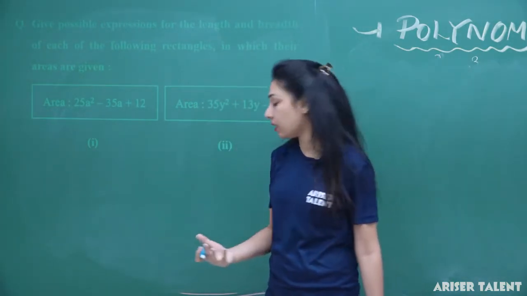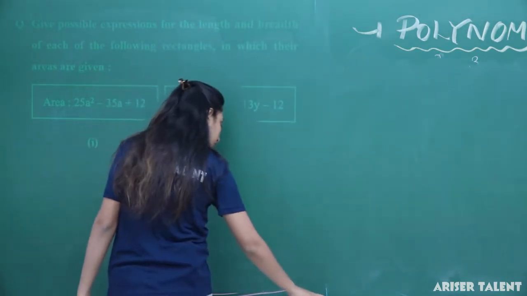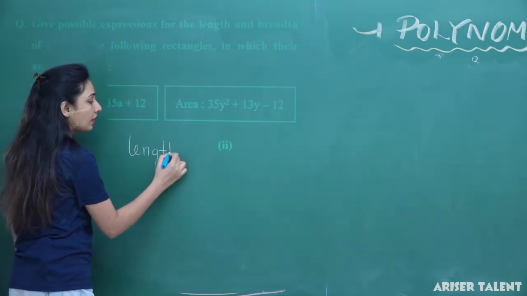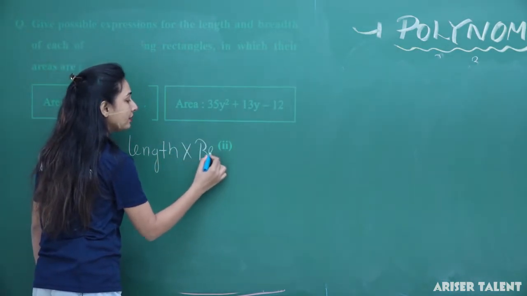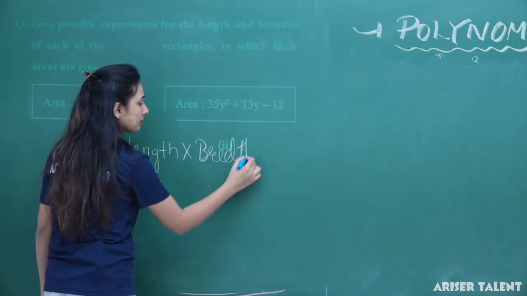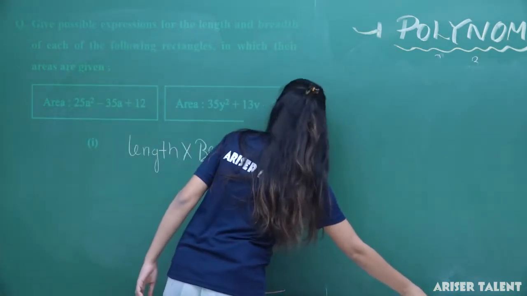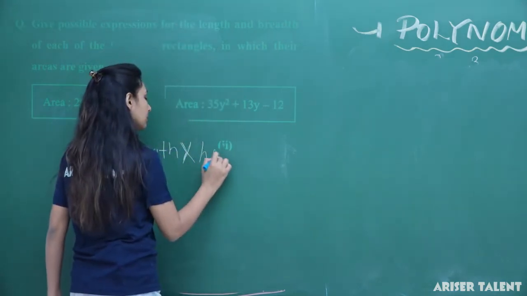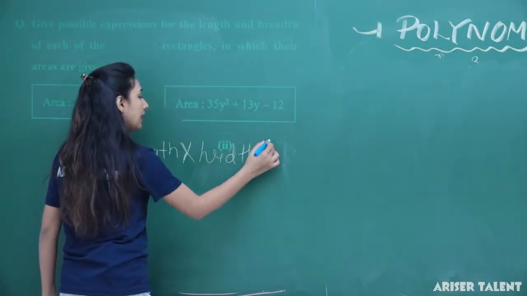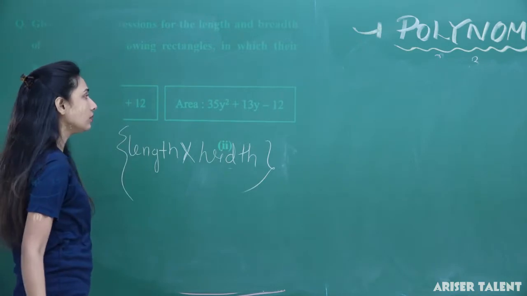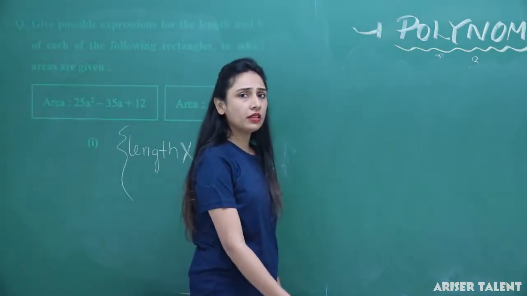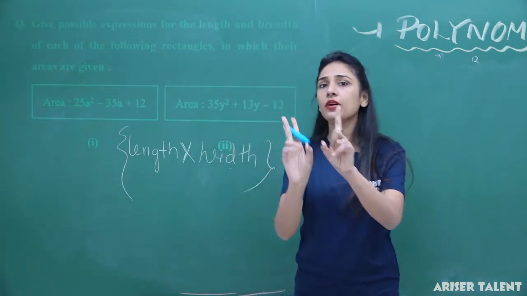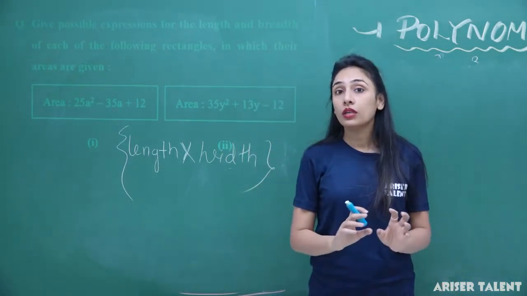Now what is area? Area is simply length multiplied by breadth, or width. You can just write it as length into width, that means L multiplied by B. So basically you have two sides.